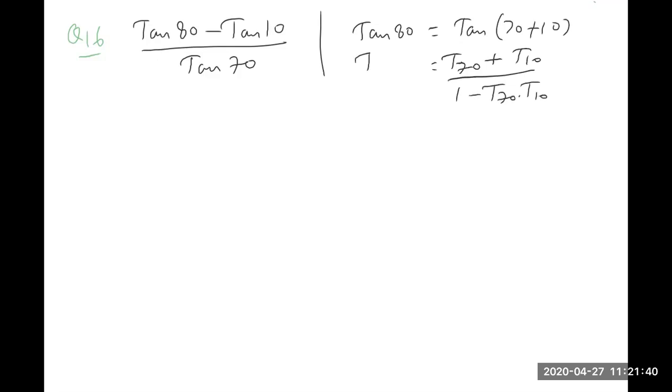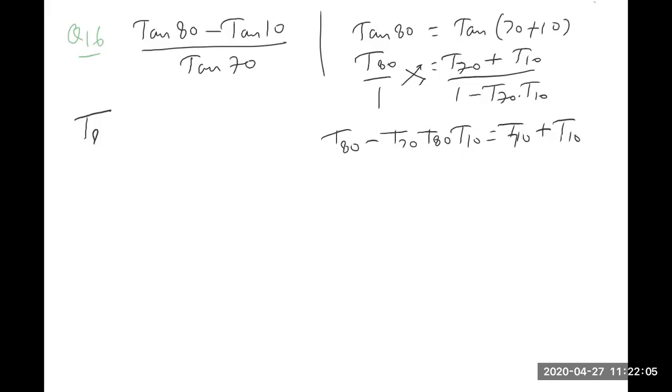So many ways can be there of solving this problem. Cross multiply, you will get tan 80 minus tan 70 tan 80 tan 10 is equal to tan 70 plus tan 10. Now the important thing here is tan 80 is the same as cot 10, because they are complementary angles.